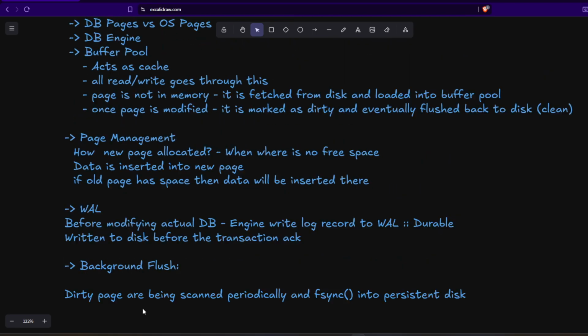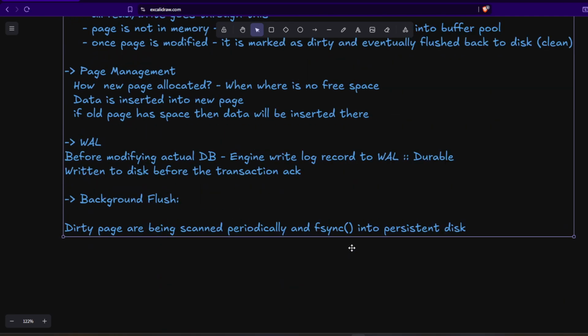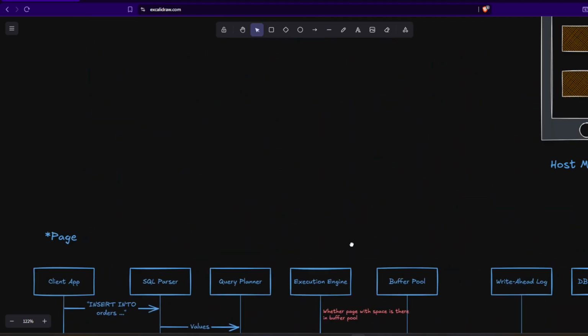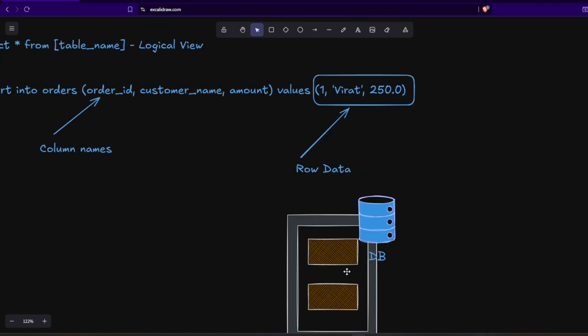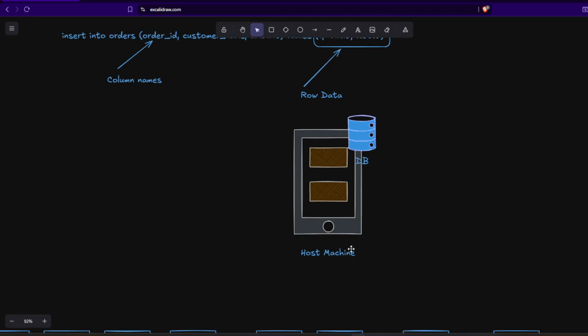As I was writing this, I understood that it is not only four major concepts, it is six major concepts of persistent storage that we discussed here. And one more thing we understood: when we started discussing the DB engine, we talked about a host machine, and this host machine will be keeping this database.